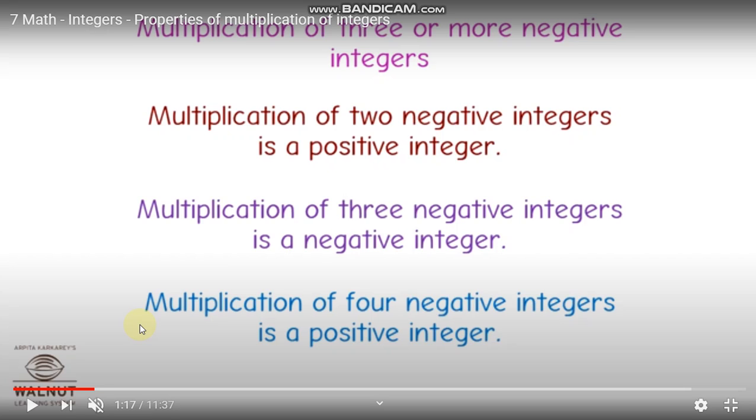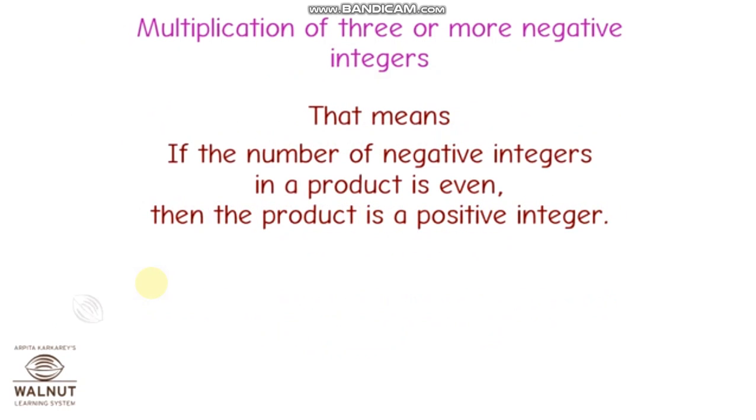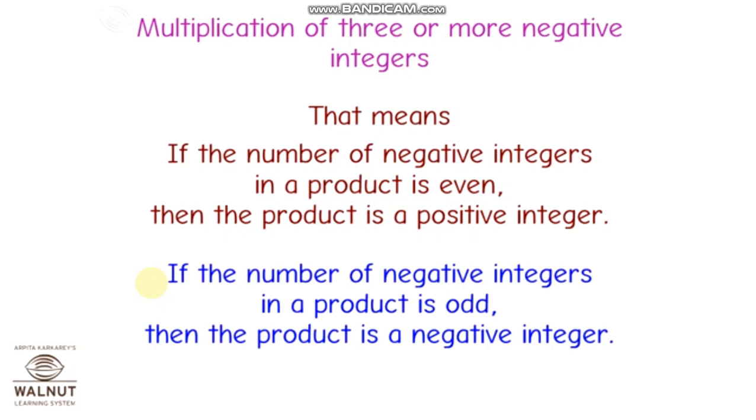A positive integer results when two numbers are negative, and the multiplication of three negative integers is a negative integer. The multiplication of four negative integers is a positive integer. So if the number of negative integers in the product is even, then the product is a positive integer. If the number of negative integers in the product is odd, then the product is a negative integer.